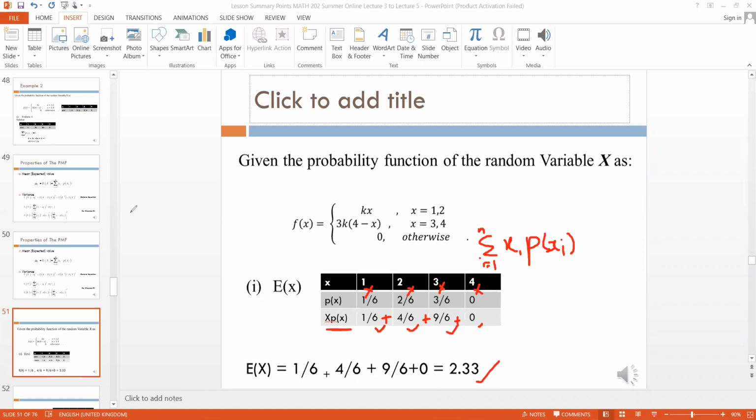Then we looked at some properties of the PMF, which is the probability distribution for a discrete random variable. We looked at how to find a probability distribution, and also wrapped up on the properties of the probability distribution. So on that note, we'll wrap up today's class.